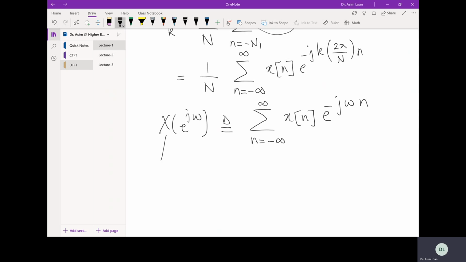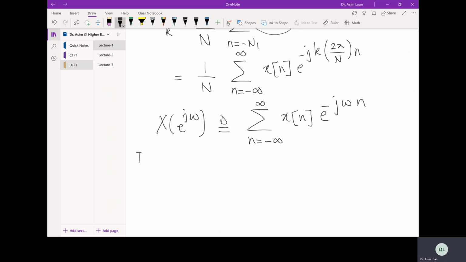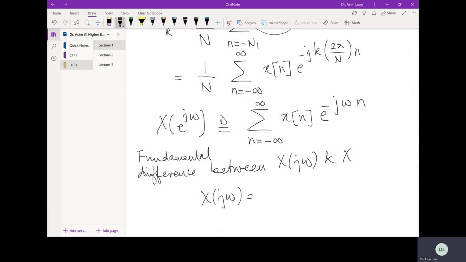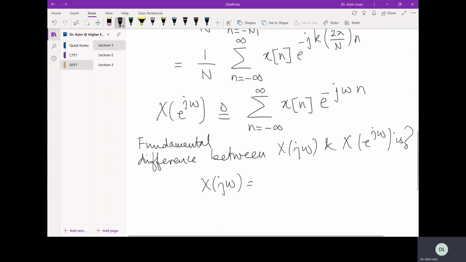The fundamental difference between x of j omega and x of e to the j omega, where we know x of j omega is the integral from minus infinity to infinity of x of t e to the minus j omega t dt.